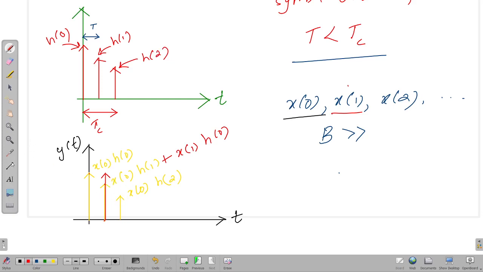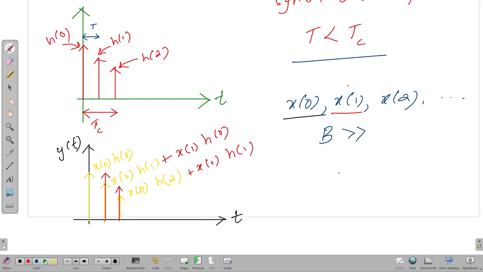And you will have the second copy of x of 1 here. Okay, so plus x of 1 into h of 1, right?